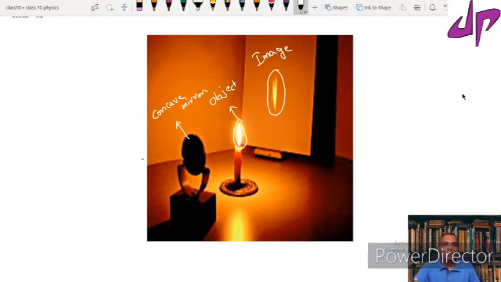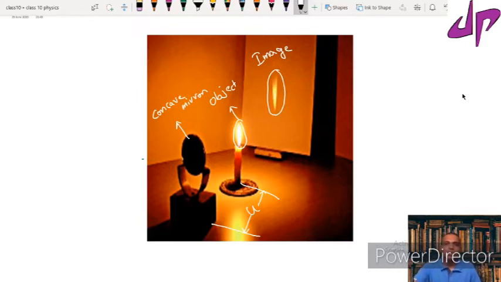Now the distance from the pole of the mirror to the object, that we call as object distance u. We are representing that as small letter u. So the distance from the pole of the mirror to the object is known as object distance.